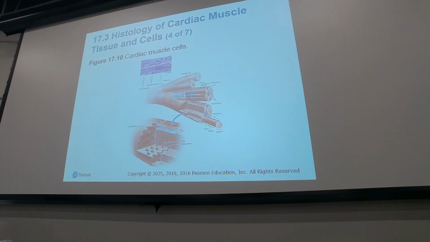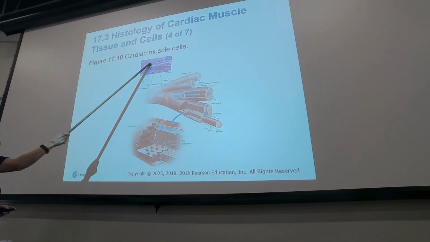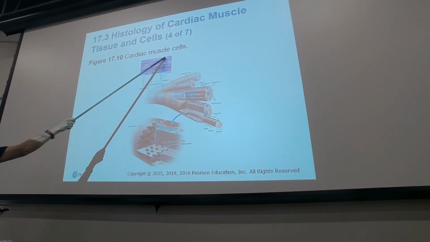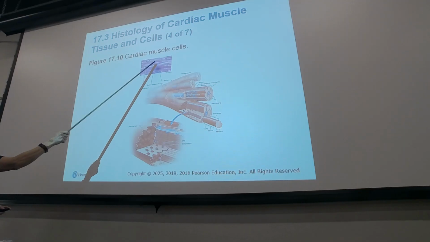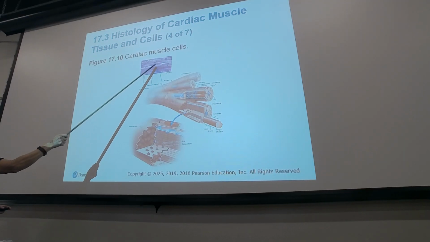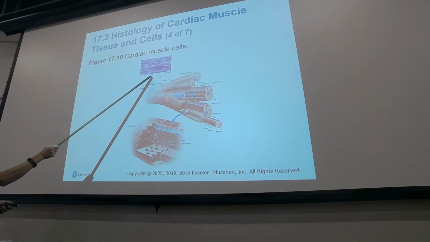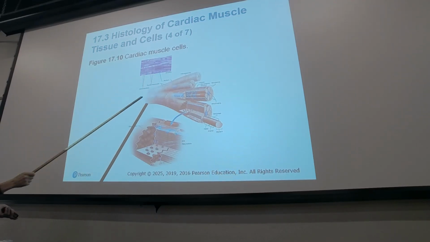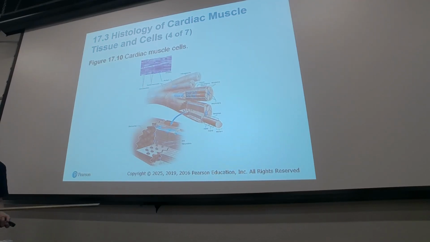So here's a view of these muscle cells. This strong pattern of bands in here is the intercalated disc. This is the nucleus, and you cannot see really well the striations, which are less strong than the intercalated disc, but it's where the myosin and actin bands are, depending on what area you're considering.